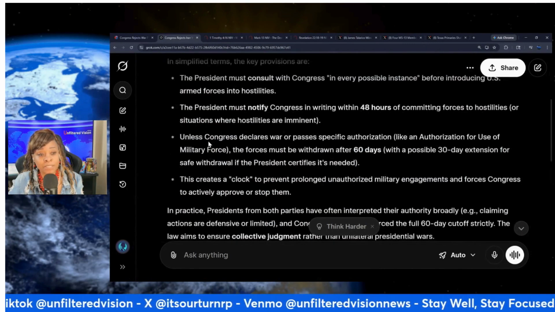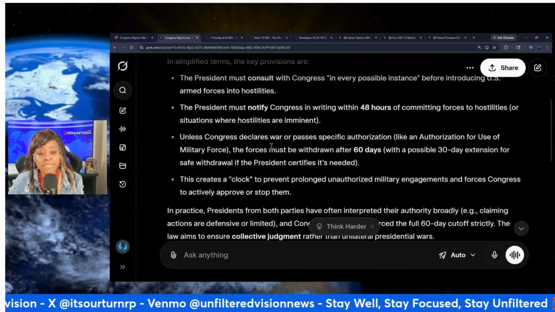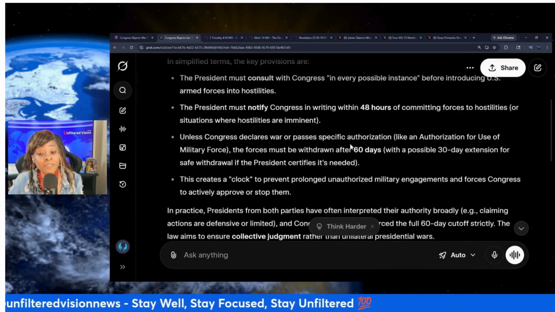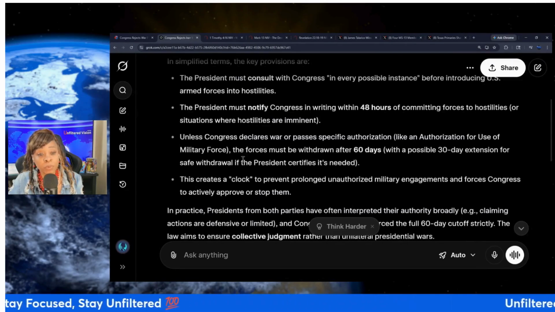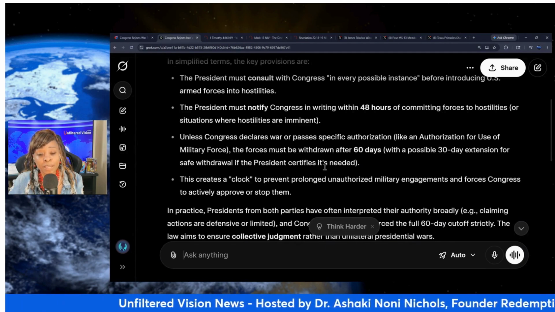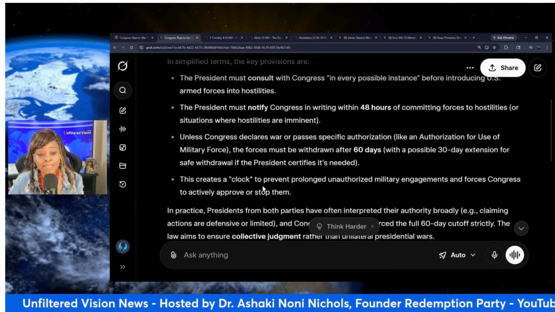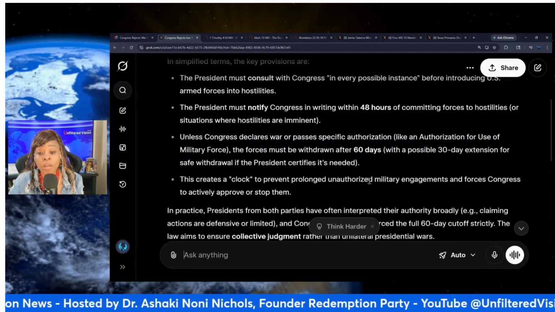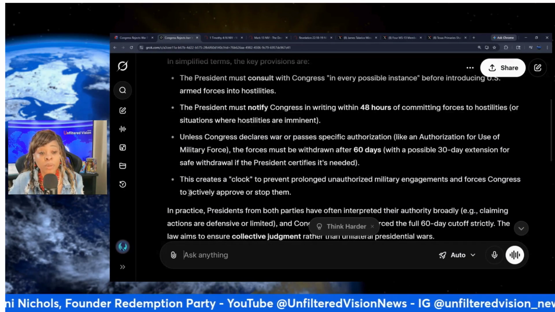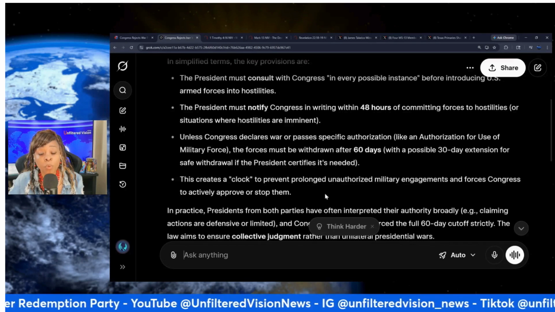Unless Congress declares war or passes specific authorization, like an authorization for use of military force, the forces must be withdrawn after 60 days, with a possible 30-day extension for safe withdrawal if the president certifies he needs it. This creates a clock to prevent prolonged, unauthorized military engagements and forces Congress to actively approve or stop them.